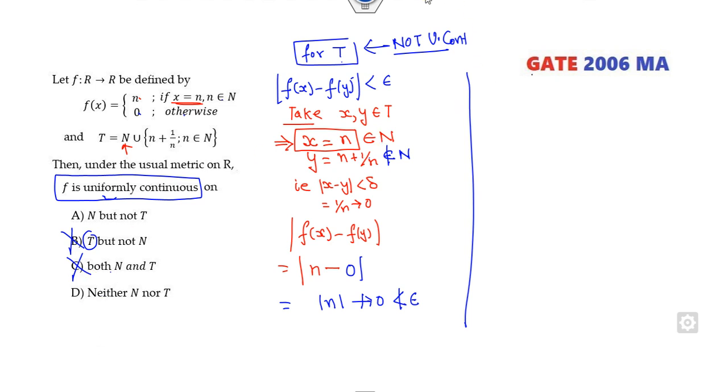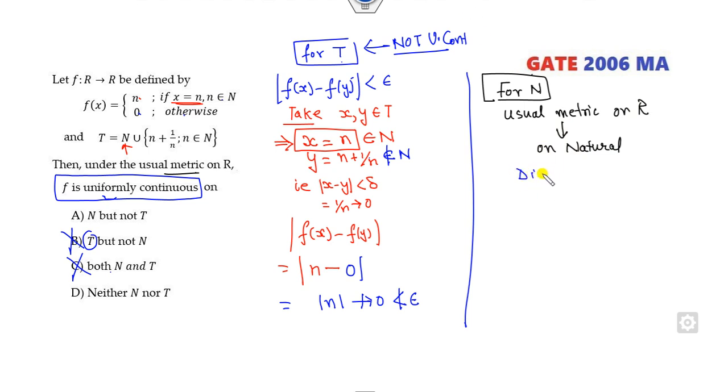Now you can check about N. So how can you say that? Remember, you have the usual metric on R. So what is the usual metric on R restricted to the natural numbers? You know, this is very simple. It's a discrete metric.